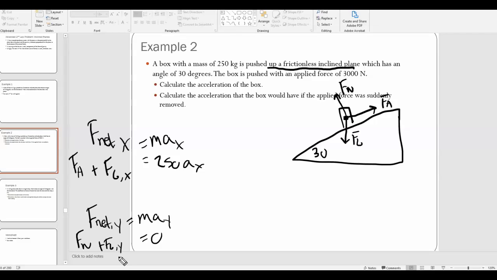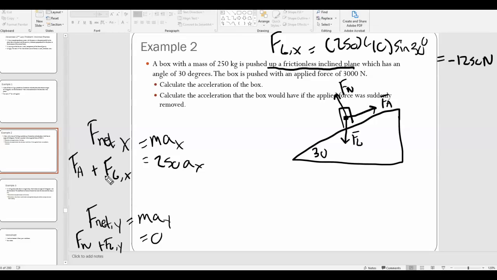Alright, so now I look at the question. The question says calculate the acceleration of the box. Well, I have FA. It's given to me in the problem. It's 3,000. FGX I can find very easily, because that would just be 250 times negative 10 times sine of 30 degrees. Remember, FGX is FG sine theta, and so that would just be negative 1,250 newtons.